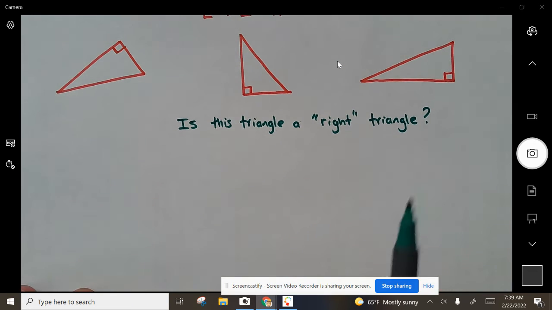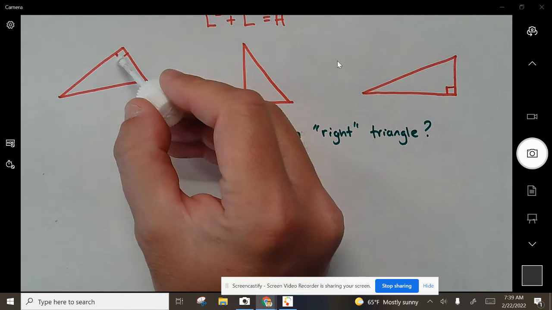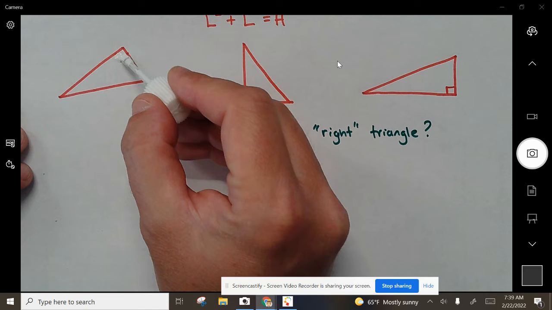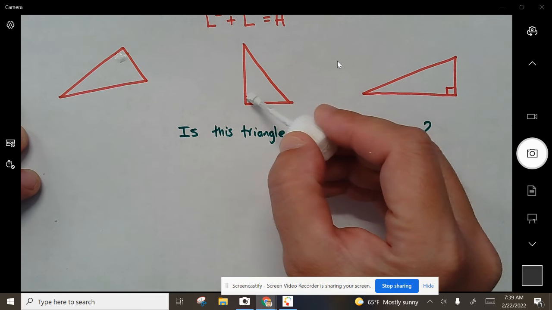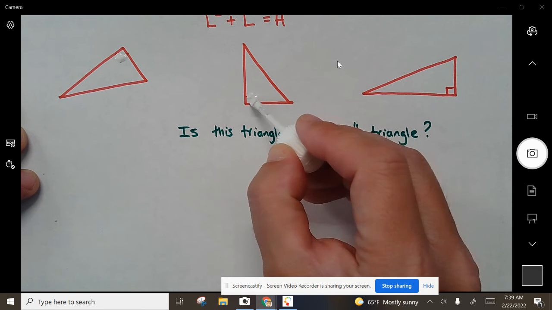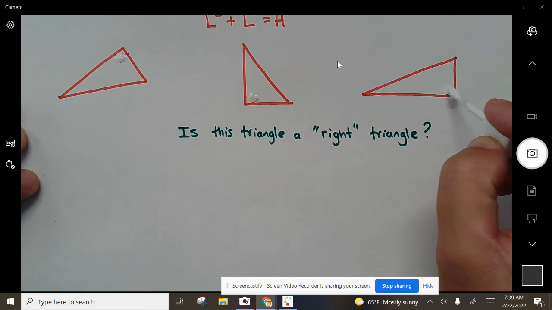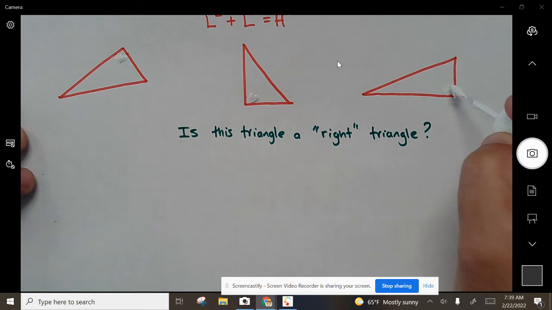And what I shouldn't have done, and I'm actually going to get my white out. So I'm saying they're right triangles because I drew that out there, but I'm going to get fancy here. Cross out that. We don't know for sure if it's a right triangle. Okay? So what's going to happen is they're going to give you three numbers.